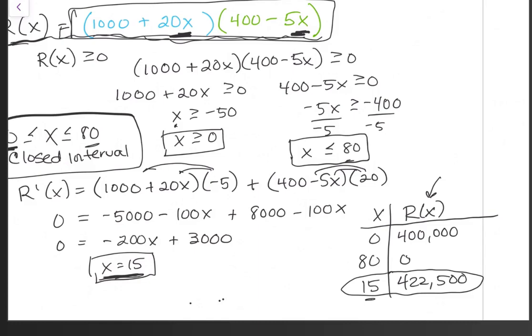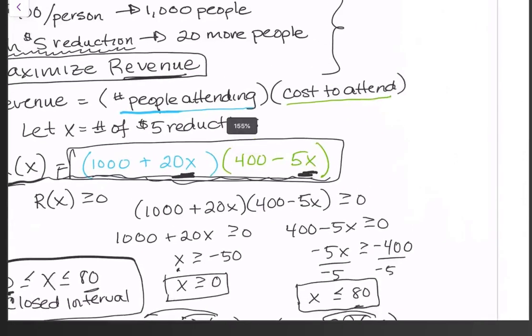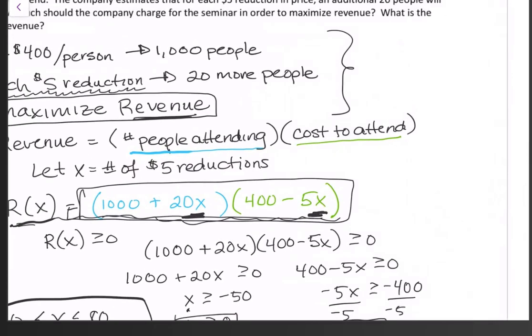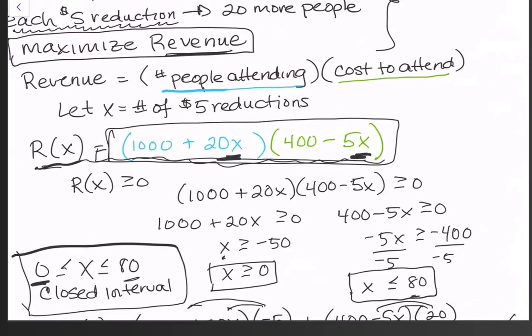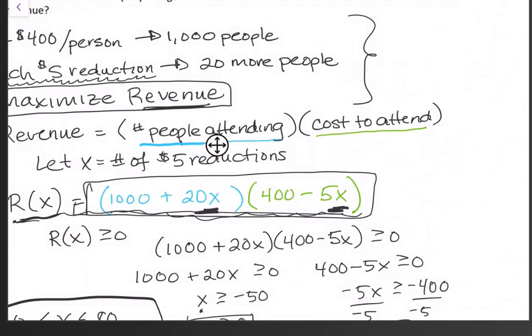So to answer this question, which was what do I charge to maximize revenue, remember that we charged $400, but we are going to reduce that price by 15 $5 reductions. If you go way back to the beginning up here, we had the cost to attend defined by that expression, 400 minus 5x.